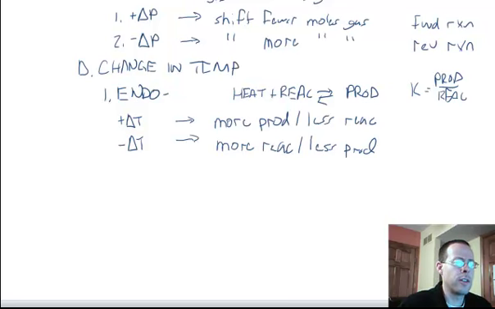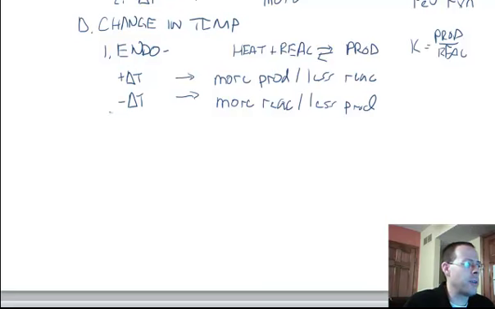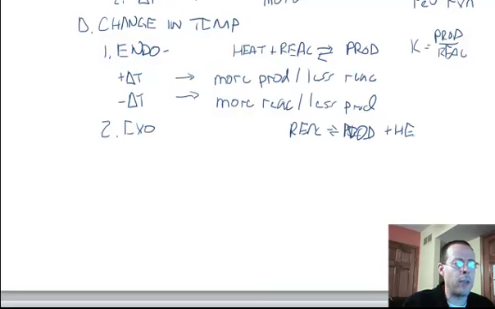The reverse of this is also going to be true. So we can talk about endothermic reactions, or we can talk about exothermic reactions. And in an exothermic reaction, again we have reactants that yield products. But in an exothermic reaction, heat is essentially a product, because we are producing extra heat, which is given off to the surroundings.